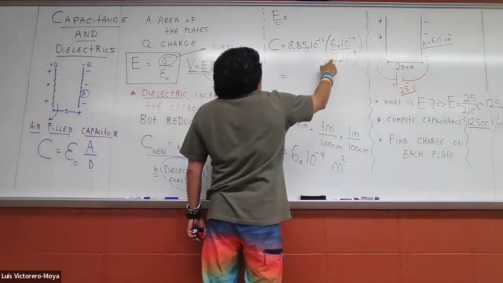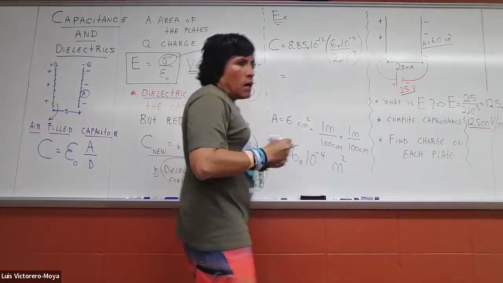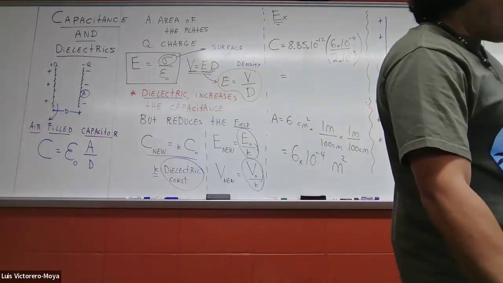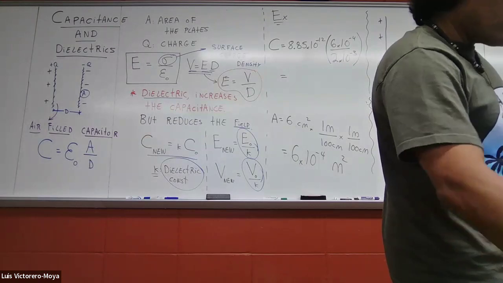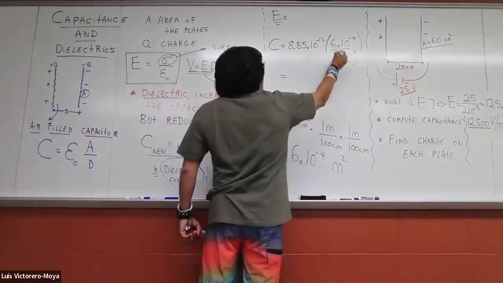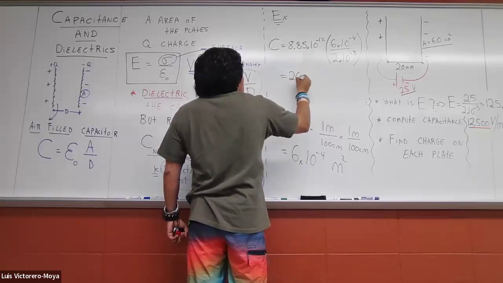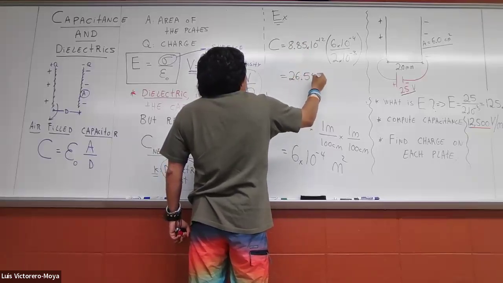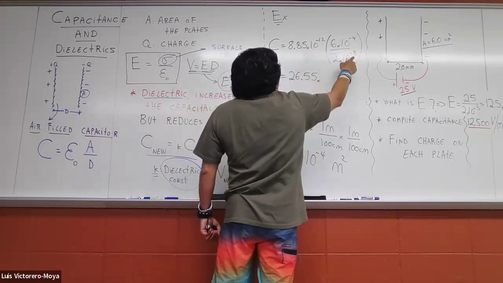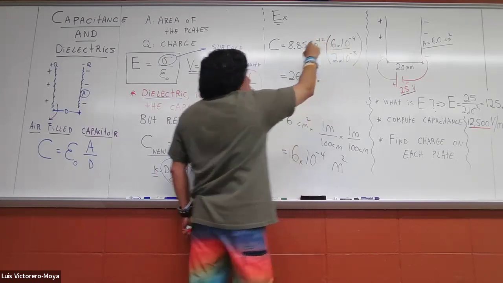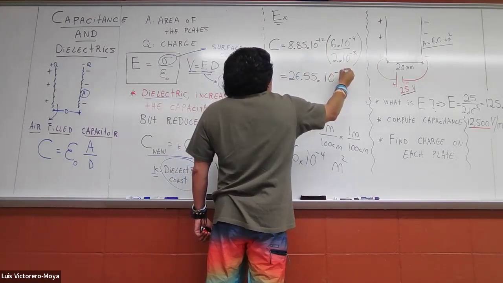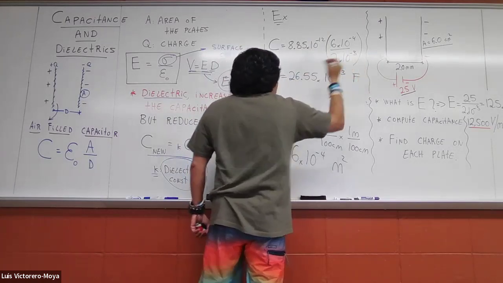So 6 divided by 2 is 3. Then we have to multiply that by 8.85. That's 26.55. 26.55 multiplied by 10 to a negative 4 divided by 10 to a negative 3 is 10 to a negative 1, times 10 to a negative 12 is 10 to a negative 13 farad.